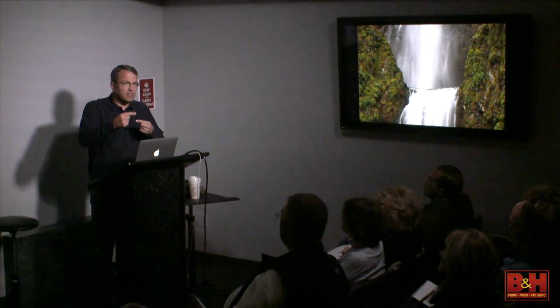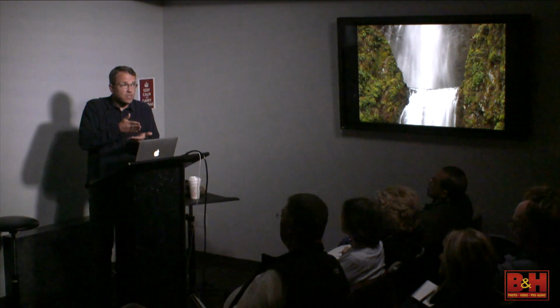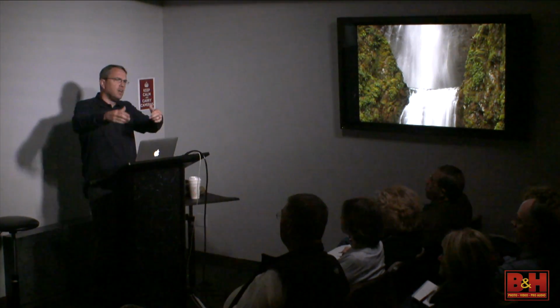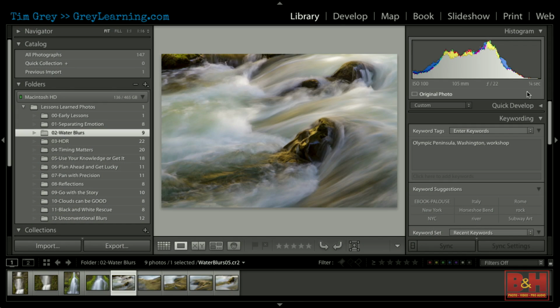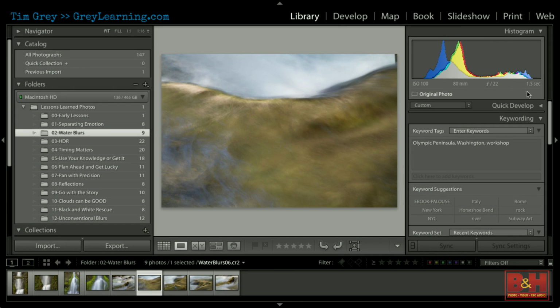But it's that anticipation. I don't expect you to nail your settings every time. To look at a scene and say, okay, I need f/11 and 1/250th of a second at 100 ISO, and I'll get exactly what I want in every respect. That'd be really cool, and someday I hope to achieve that. But I'm happy with getting pretty close, being able to anticipate, being thoughtful about what those speeds need to be. And so here, a third of a second, half a second, but here only a quarter of a second. 1.5 seconds.